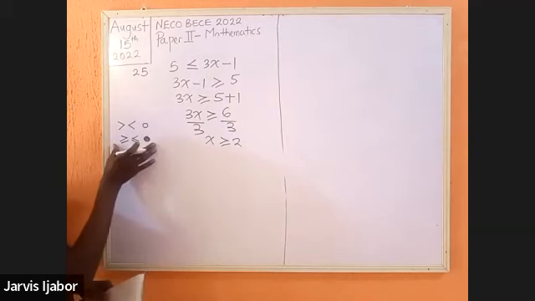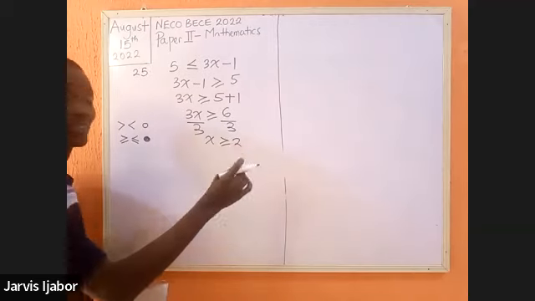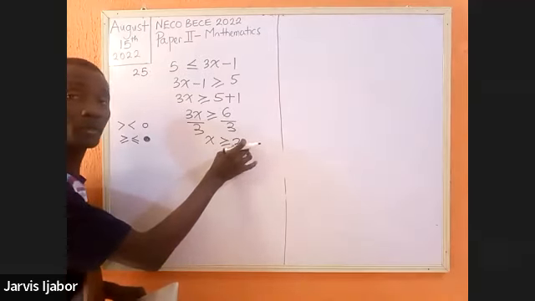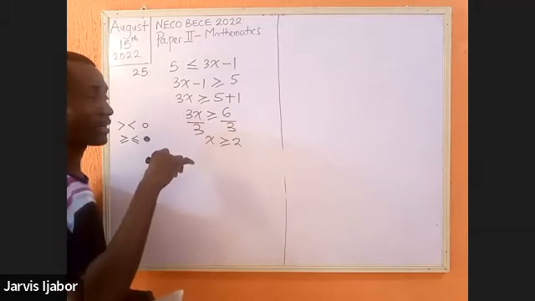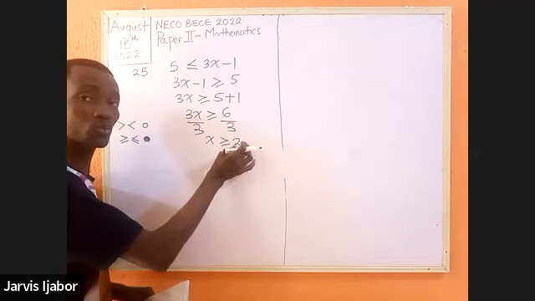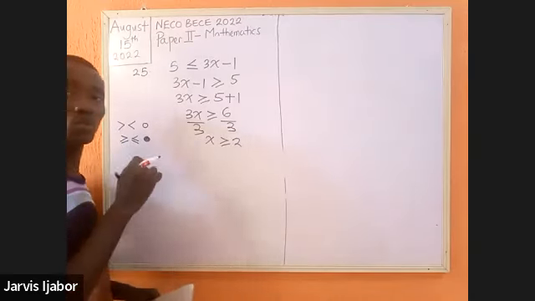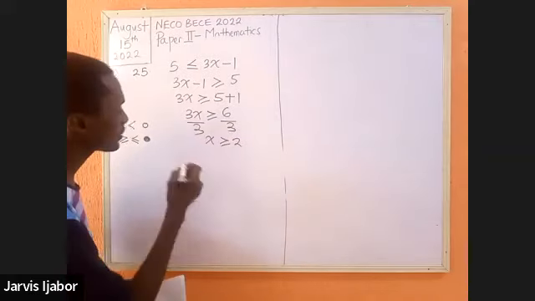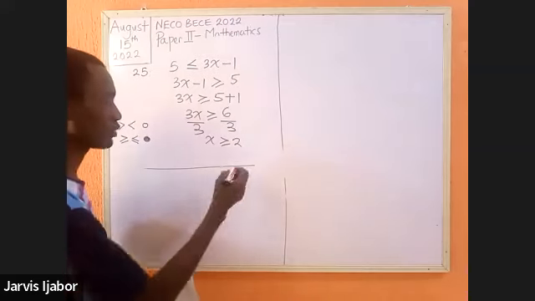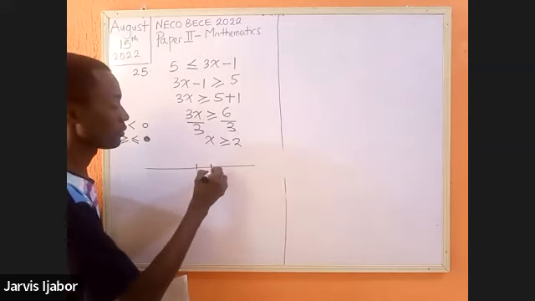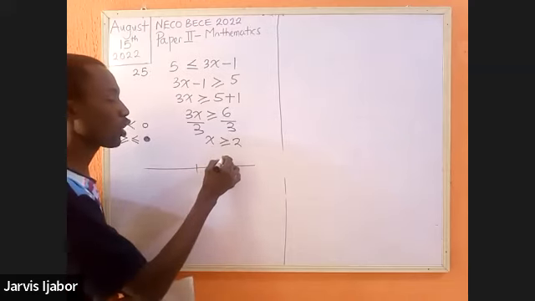So with that said, the next thing we look at is the number. This is 2. This 2 will tell us where it will start. Greater than or less than, or greater than or equal to, less than or equal to, will tell us the direction. So if I'm to draw that, I will draw a simple line, which is the technique I teach my students to adopt. 2, greater than or equal to, colored bubble.